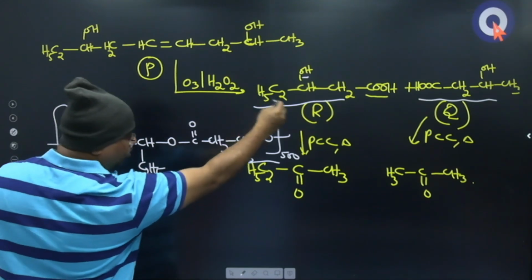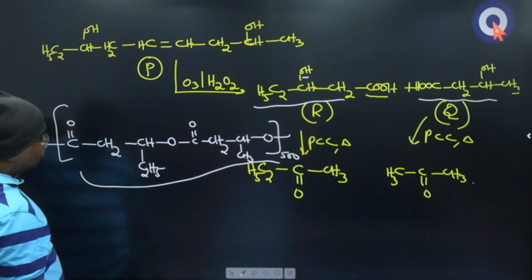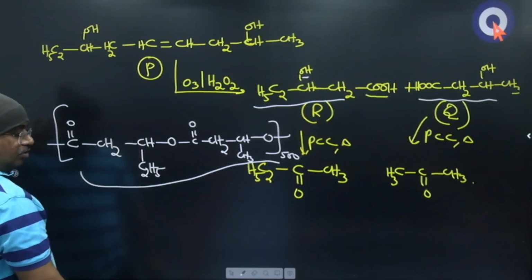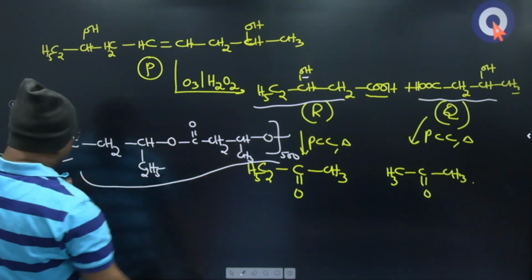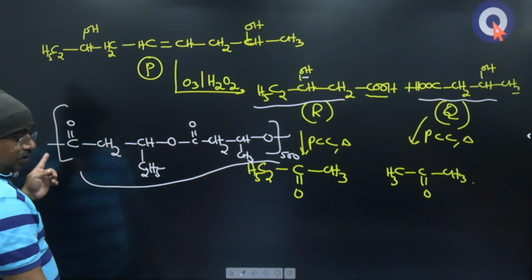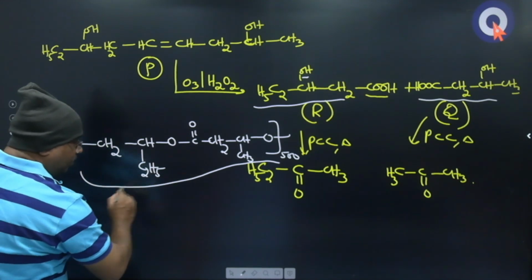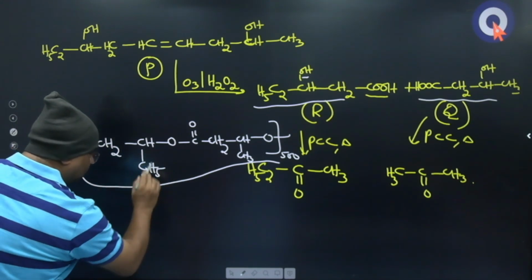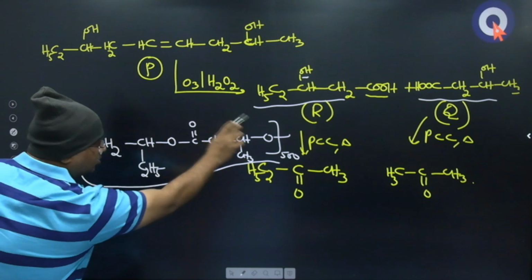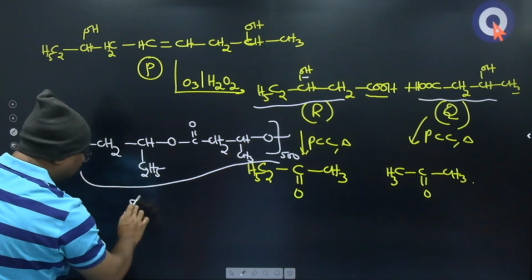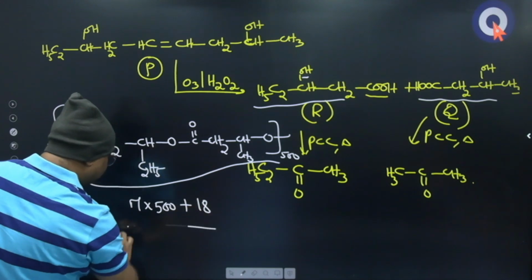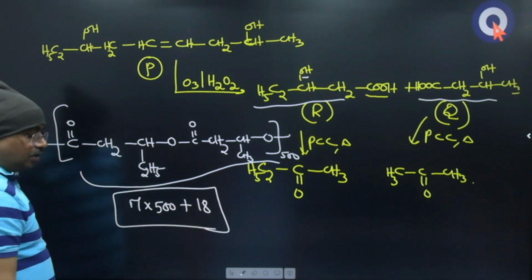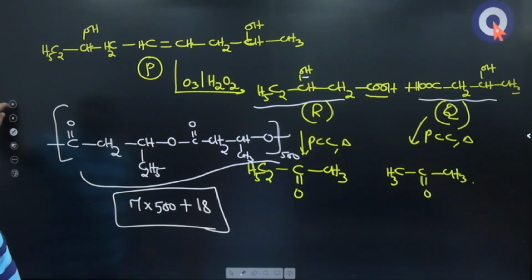But its OH group at the last, its COOH group at the last should exist free. So there is no water loss. In this H should exist, in this OH should exist. So after repeating, if you take the molecular mass of this repeated unit as M, it is M into 500 plus 18 that you have to add. Okay, if you do that, that will be your answer.